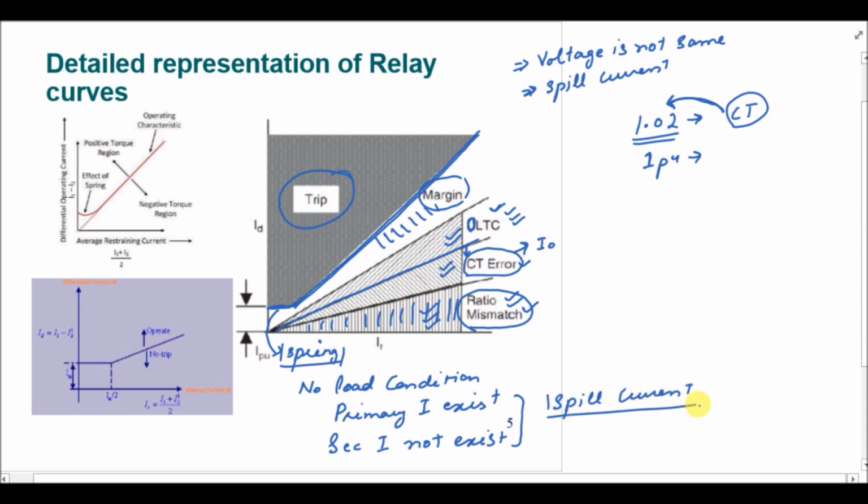The differential protection scheme will detect the spill current in this case as a fault, which is actually not a fault. So this straight line is used to remove the false operation of the relay in case of the unloaded condition of the transformer.